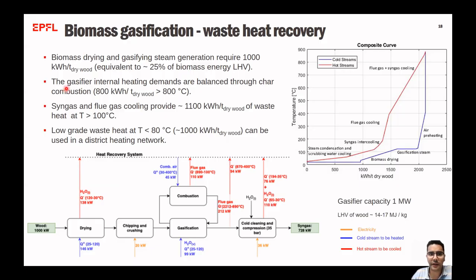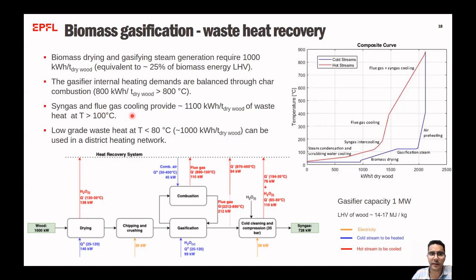The gasifier's internal heating demands are balanced by the combustion of the char, and that amounts to around 800 kilowatt hour per ton of dry wood. This heat is available at a temperature that is higher than 800 Celsius.